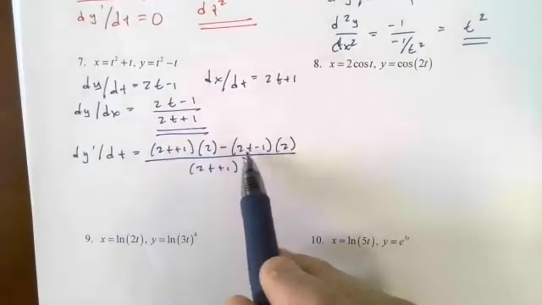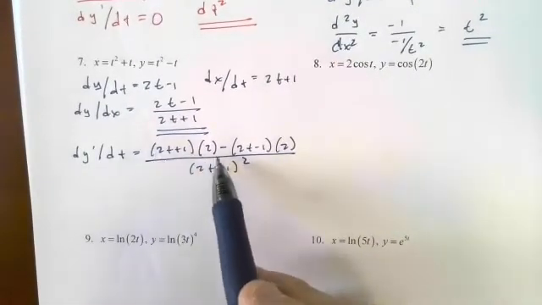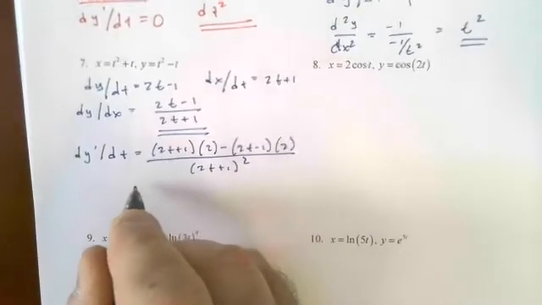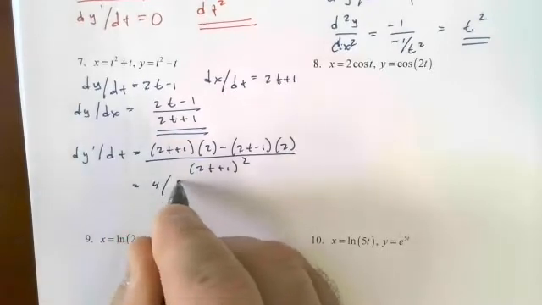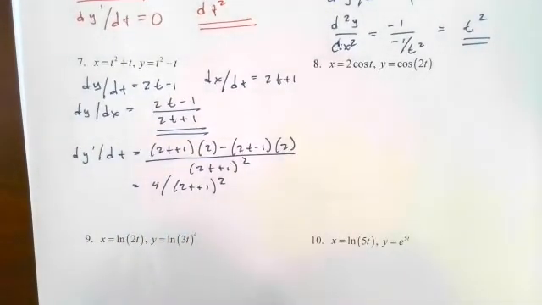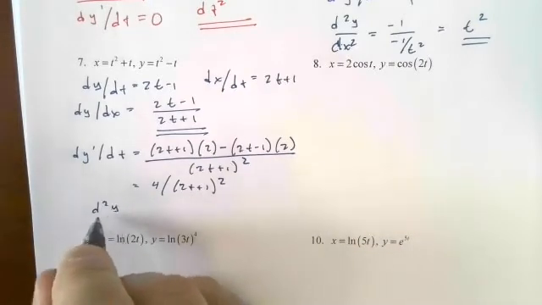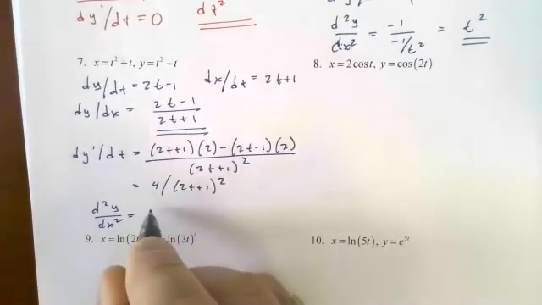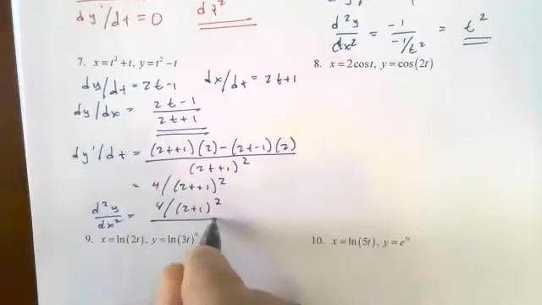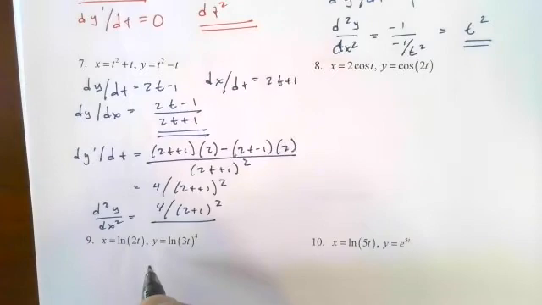This is 2 of that. This is 2 of that. The 4t and negative 4t are going to cancel out. We're left with 4. So that equals 4 over (2t plus 1) squared. Therefore, d squared y over dx squared is 4 over (2t plus 1) squared, over 2t plus 1.